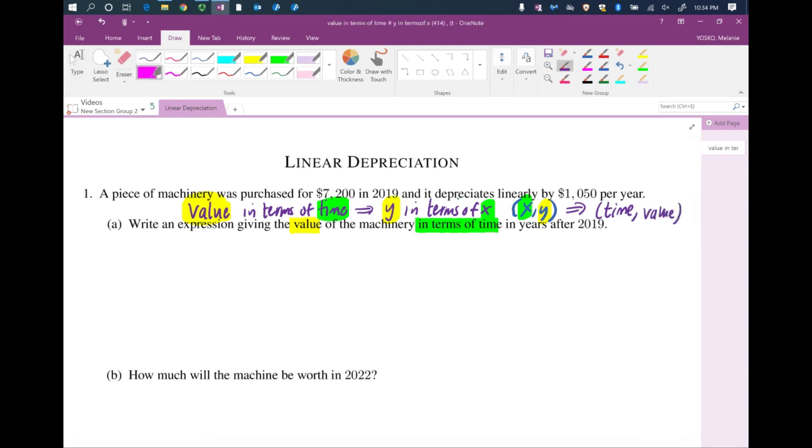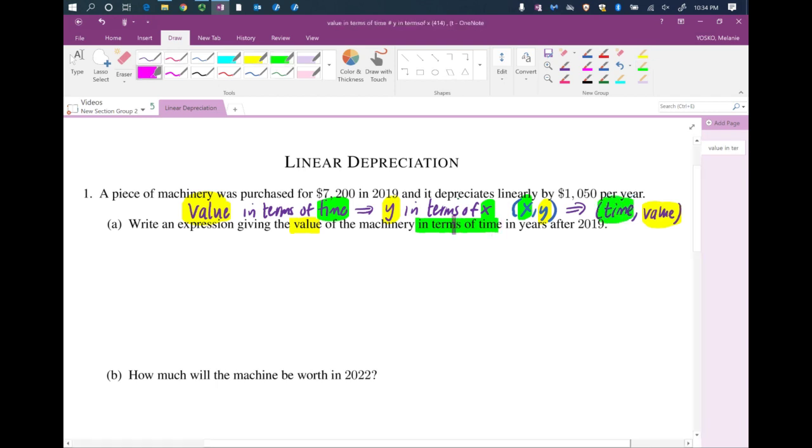And this makes sense, right? Think about it. y depends on x. Value depends on time. Because we buy this piece of machinery, the longer we have it, the less it's worth. That's what depreciation means, right? So value depends on the time you've had it and used it. Hopefully that's reasonable to you.